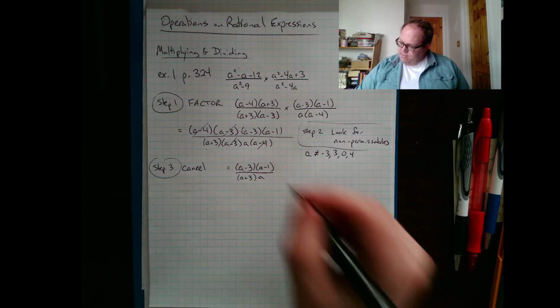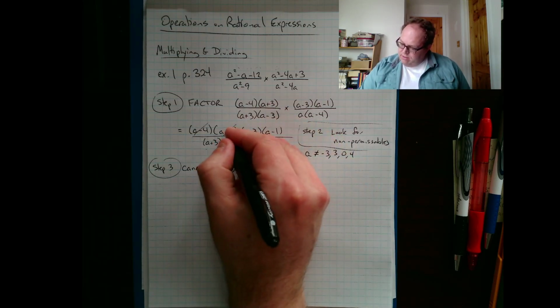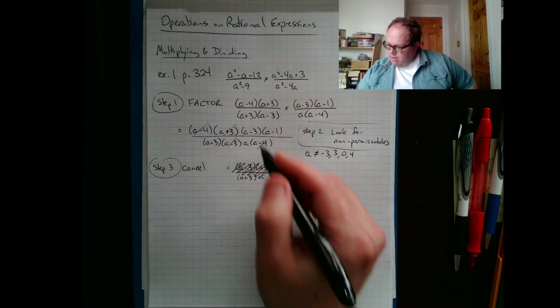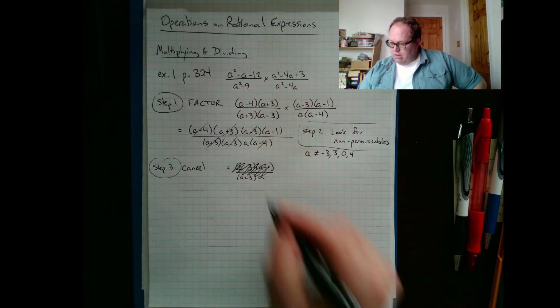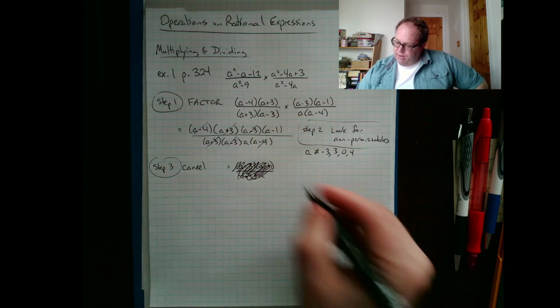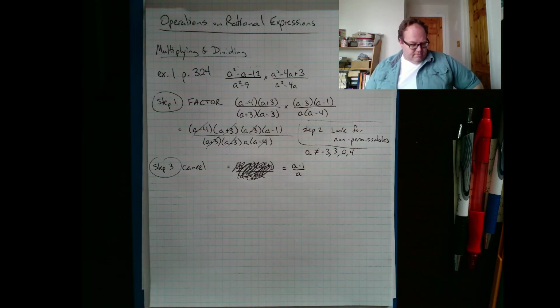Oh, look what I did. This is a plus up here, which I changed to a minus. So this a minus 3 would cancel with this one. This a plus 3 would cancel with this one. And what I'm left with is just a minus 1 over a.